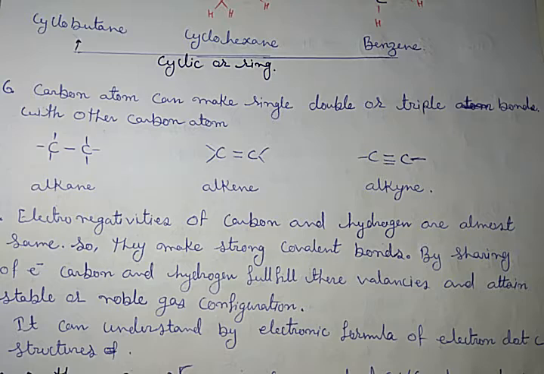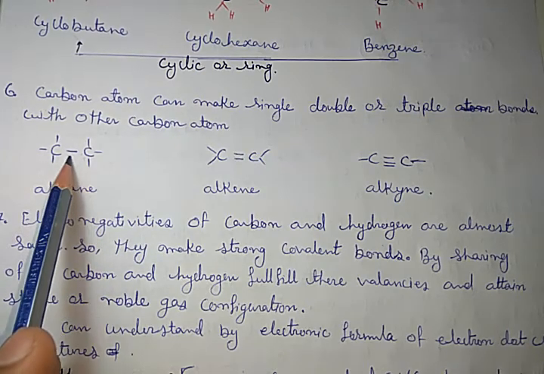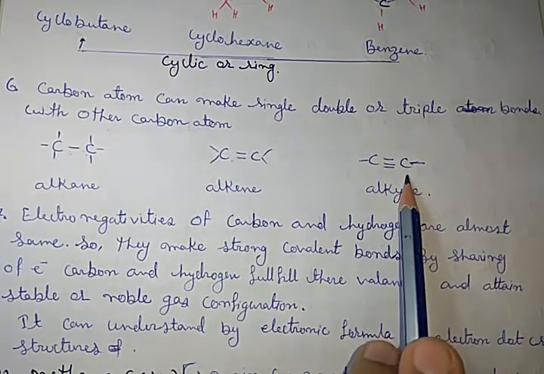Carbon atoms can combine, making single, double or triple bonds. Here we are considering only the bond between carbon atoms. Carbon can combine with another carbon atom by single bond, double bond, or triple bond.